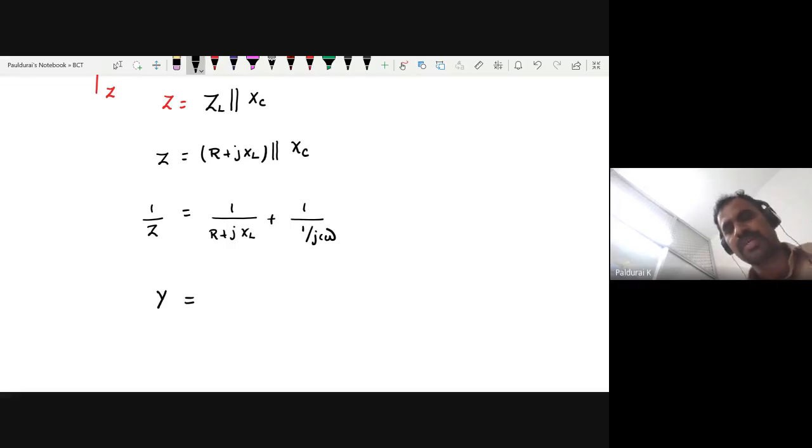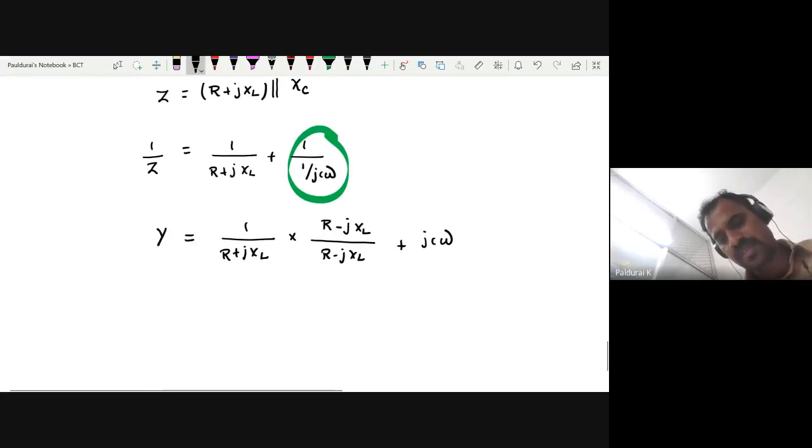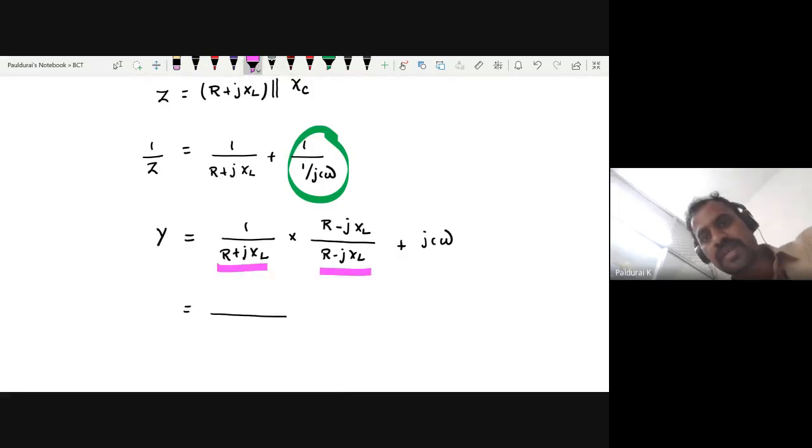So 1 by Z, this is my admittance. Here I want to calculate the real and the imaginary part. So what you will do? You take the complex conjugate and multiply and divide by the complex conjugate. So R minus J XL multiplied and divided by the complex conjugate, and the J C omega term. Now R plus J XL into R minus J XL, what's the formula?